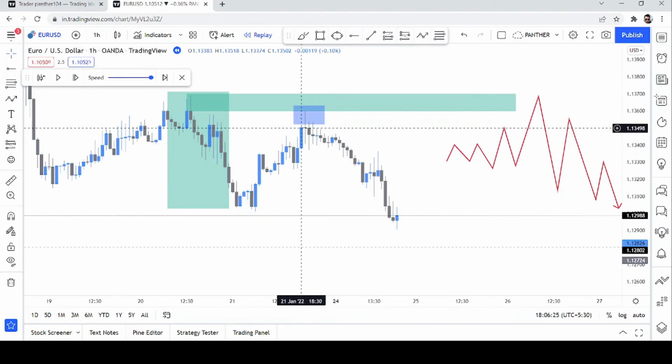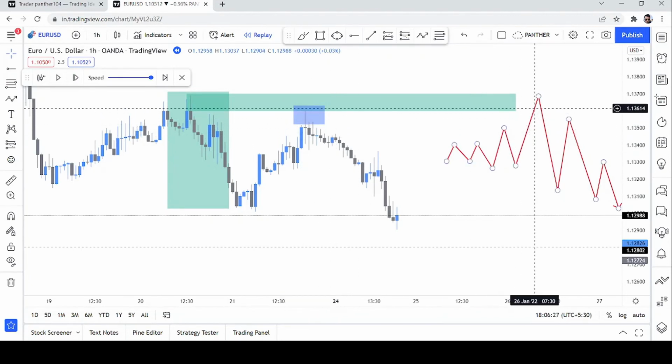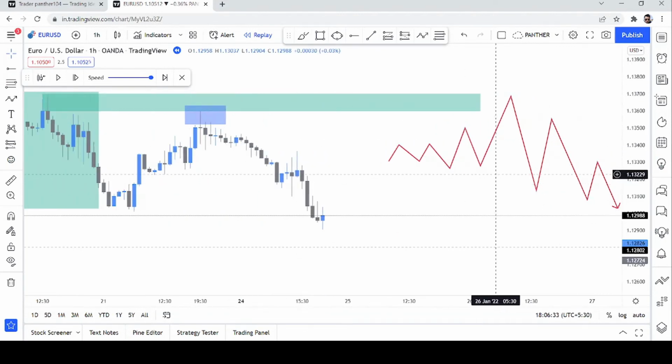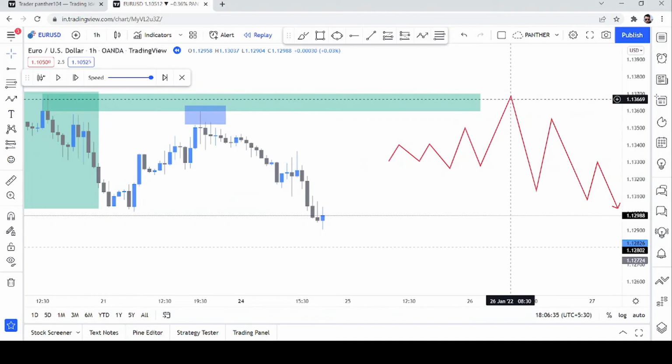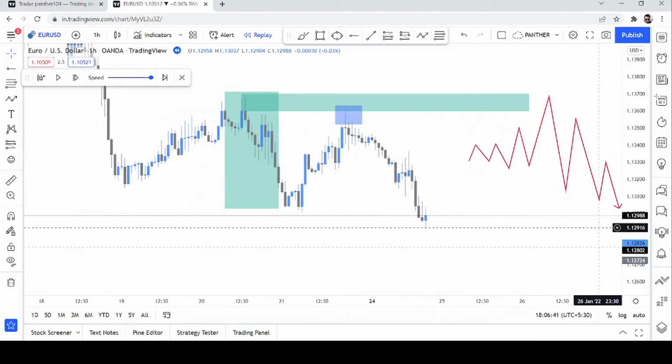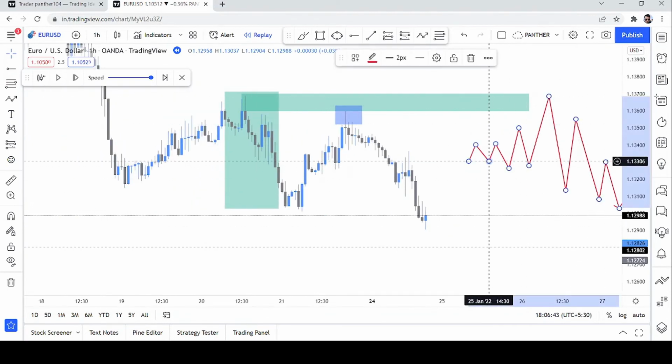This move alone could be this huge wick coming down to break this low. And then this situation happened.